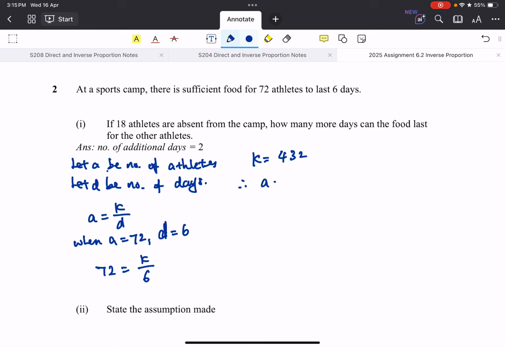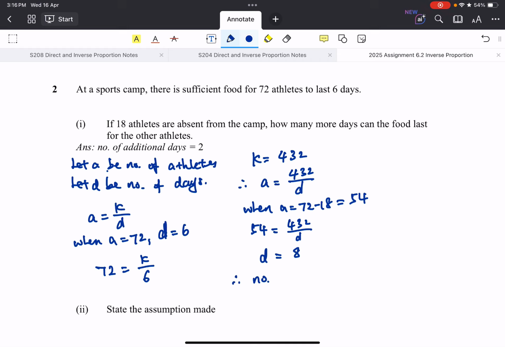Therefore, A equals 432 over D. Now, if 18 athletes are absent, then A is 72 minus 18, which is 54. So 54 equals 432 over D. D is equal to 432 divided by 54, which is 8.